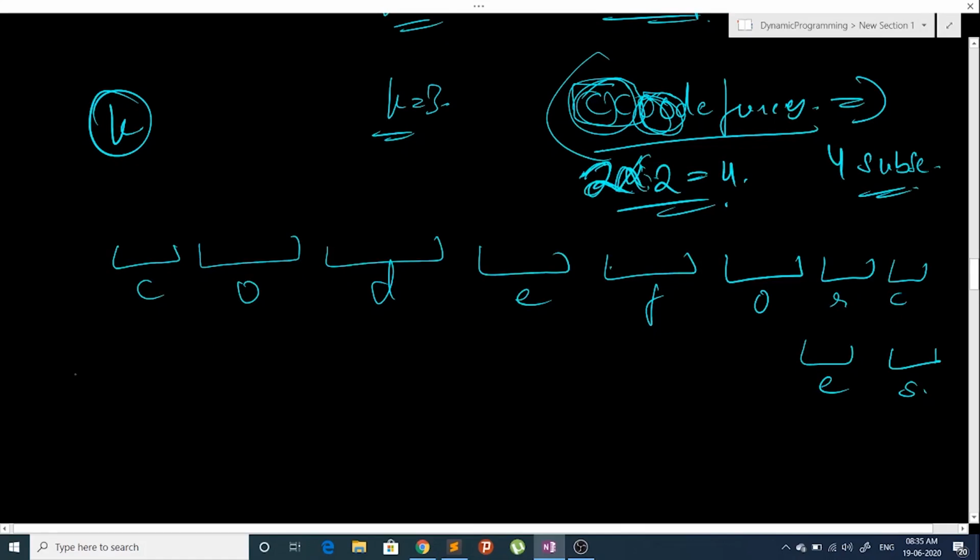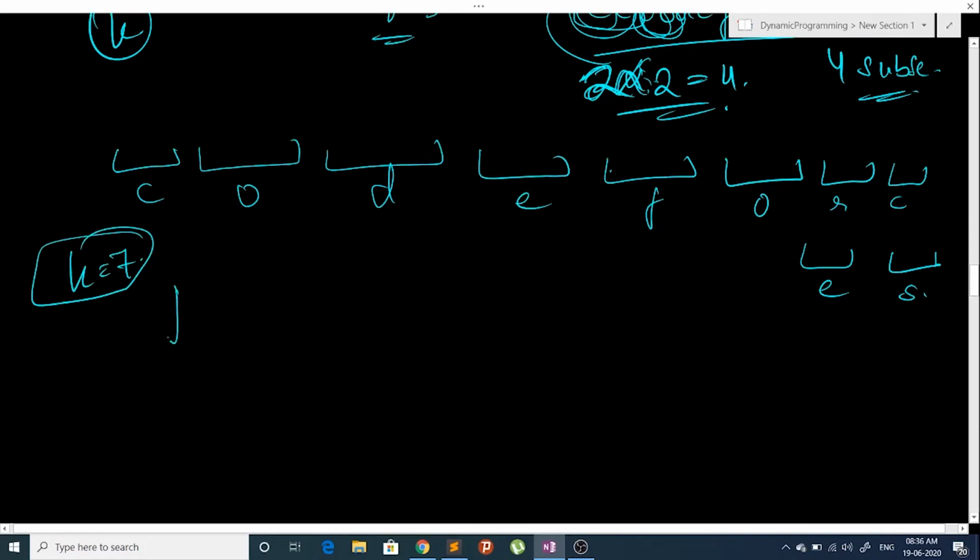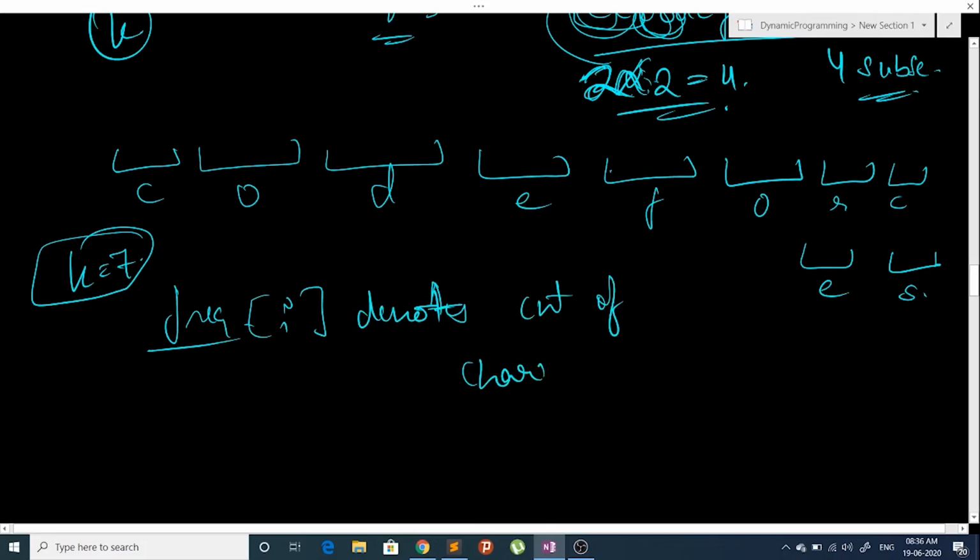So let's say we are given k equals 7, then I will have a frequency array where frequency of i denotes the count of character i from the string equals codeforces.